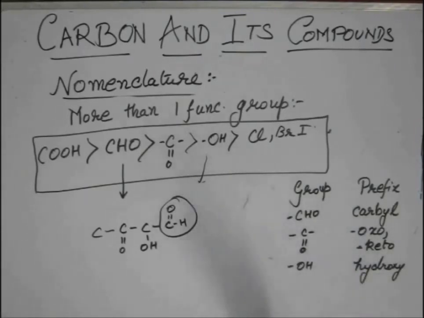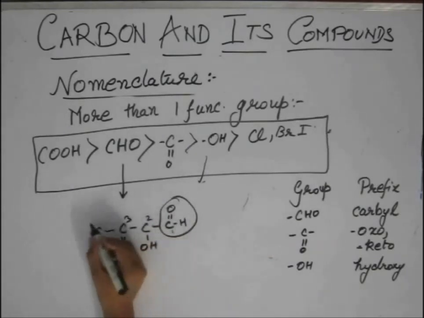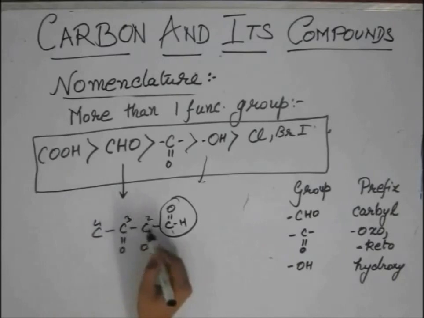The most preferred will always come as the suffix, and all the rest will come as prefixes, because there can be only one suffix, but there can be a number of prefixes. Like you can have 2 this, 3 this, 4 this, and then propan-1-al or something like that. So here you take from here, because from here it would be 2, 3, 4, and from here it would be 1, 2, 3.